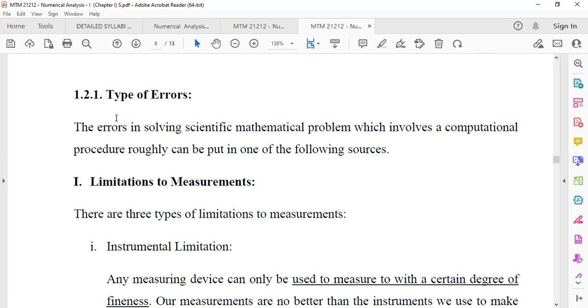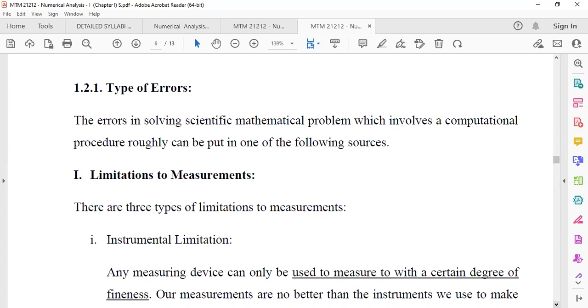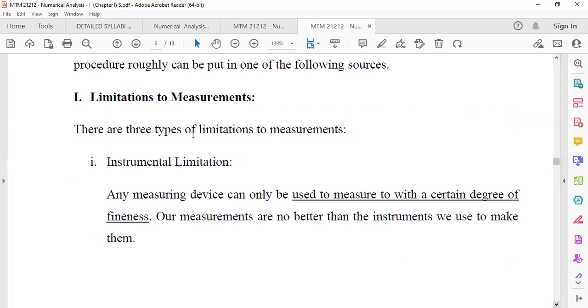Okay, so types of errors. Let's see some of the types of error which we encounter in scientific mathematical problems, experiments, and computational procedures. So first one we say limitation to the measurement.